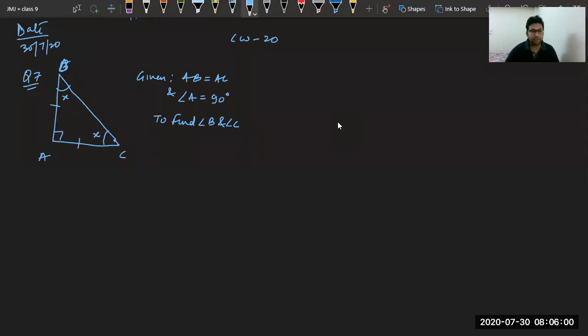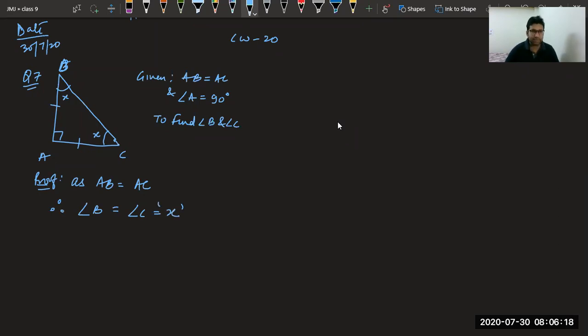You can see, first of all, in the solution, let me start. As AB is equal to AC, therefore angle B is equal to angle C equal to X, that I have assumed.